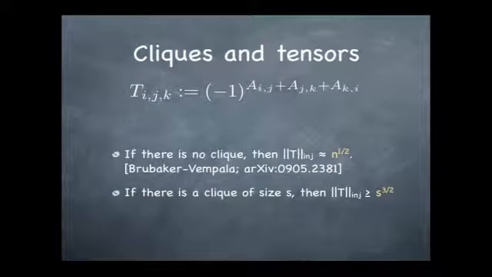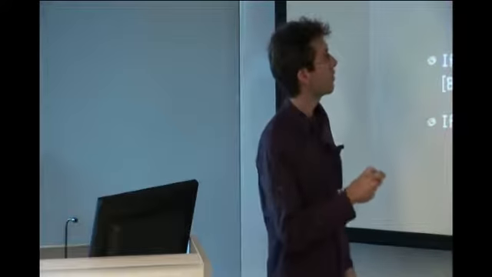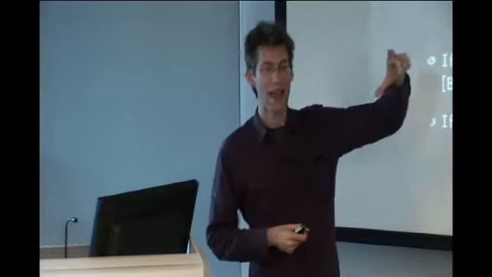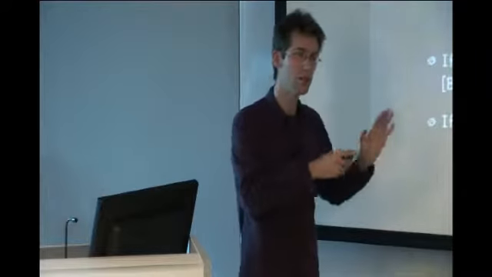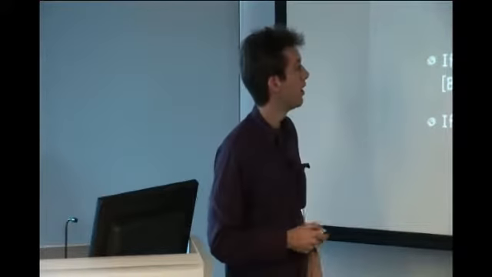OK, so what if there is a clique? This is the easy direction. Then the vectors you pick are proportional to the indicator vectors for that clique. And so you'll have sort of s by s by s of all minus 1s, everything, all the signs pointing in the same direction, neglecting the terms where some of the indices are equal. So that'll be s cubed, and then the normalization will be over the square root of s cubed.